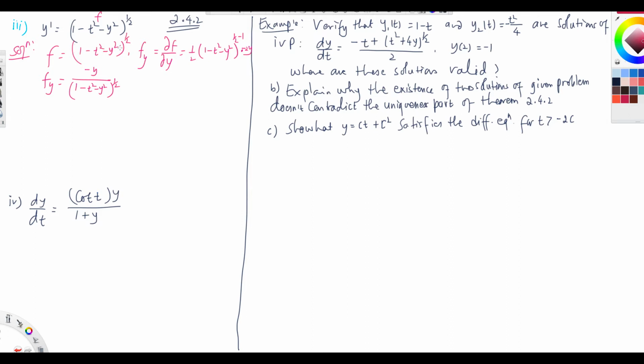So the root exists, or this value is defined, if the quantity under the root is positive, right? So if this quantity is 0, then this will not be continuous at that point, right? So where is this continuous?